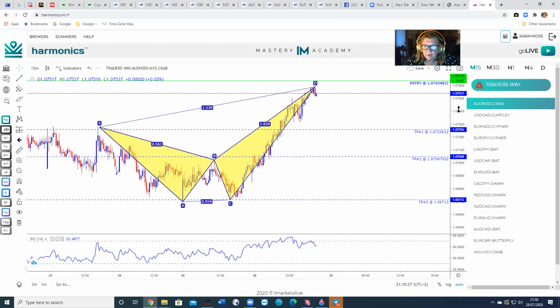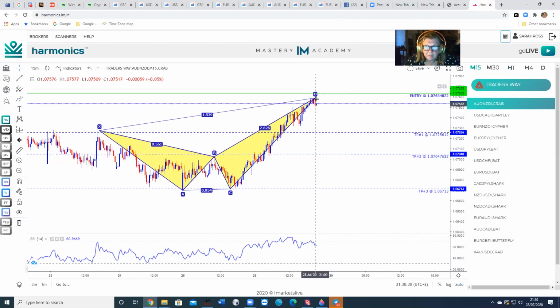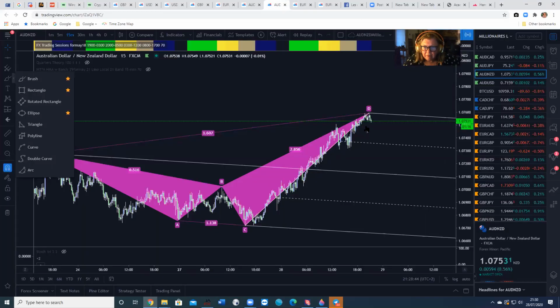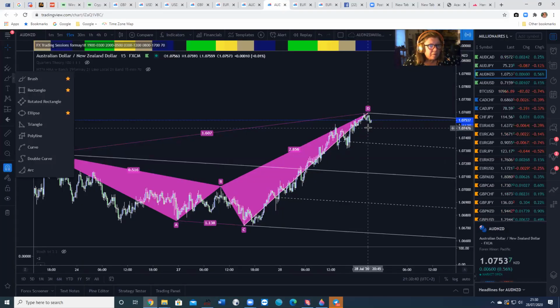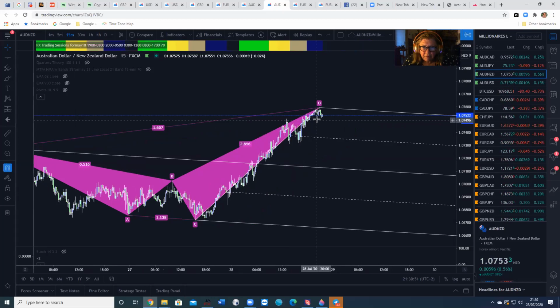Oh, that's quite good, because it's calmed down now, and it seems to have made its mind up that it was quite happy. That's 28th of July, but it's always the highest or lowest point. So on the 15-minute, it says 28th of July at 20:45, but it's your highest point. So it most definitely is that little candle there.